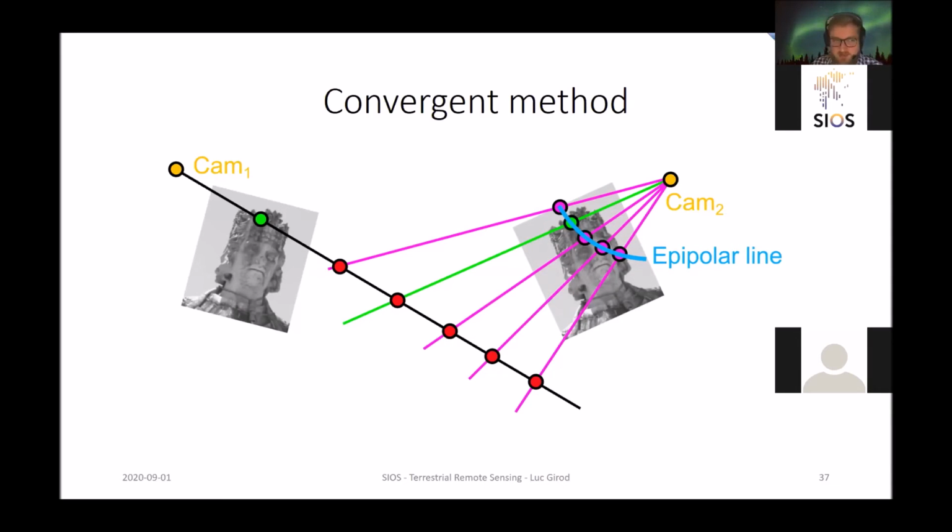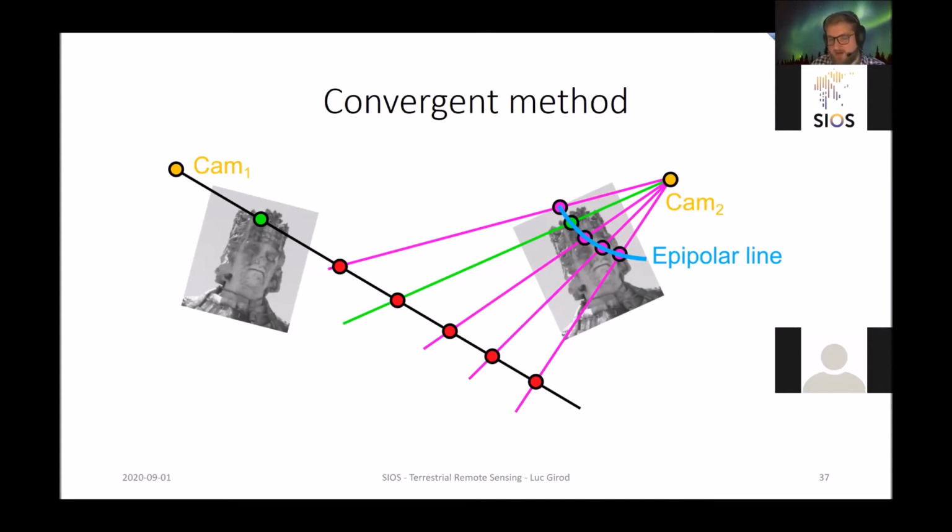So the idea is that in the convergent method, it's going to be a bit similar to a parallel method, but in the convergent method, you take one image as your master image, and for each point, you're going to draw a line out into the world using the formula I had in my first slide. The idea is that you're able to project one point into a line in the outside world.